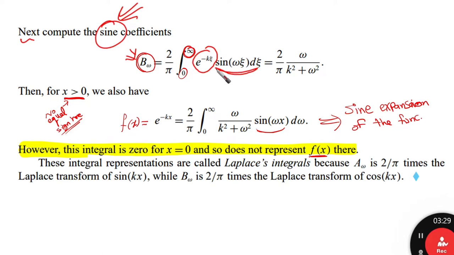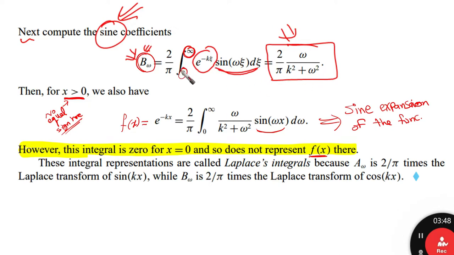This is sine in our case, because this is the definition of B omega. If you make this integral, you find that it gives us 2 over pi, omega over k squared plus omega squared.